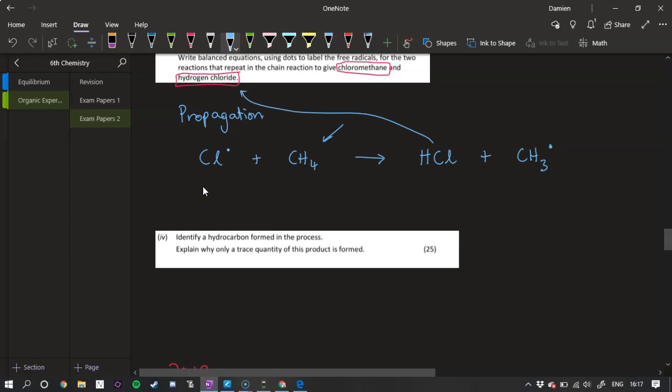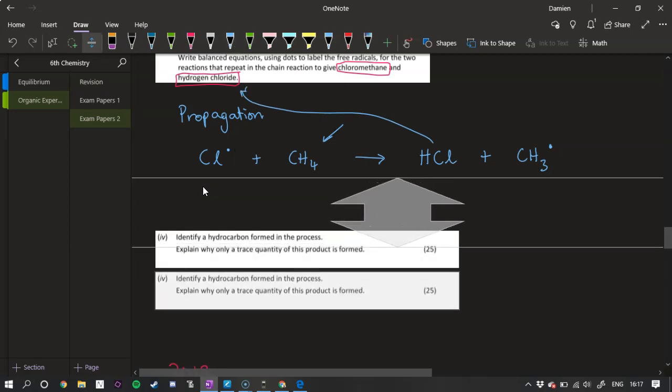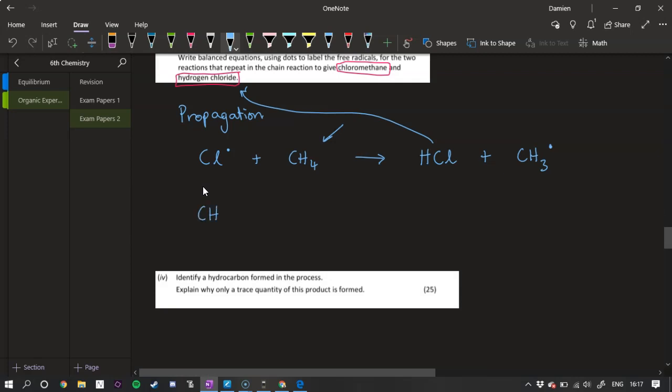So this is your hydrogen chloride. So what about the chloromethane? Well, that CH3 free radical now reacts again with a chlorine molecule, and that ends up forming this, and it frees up a Cl free radical, and then this here is your chloromethane.